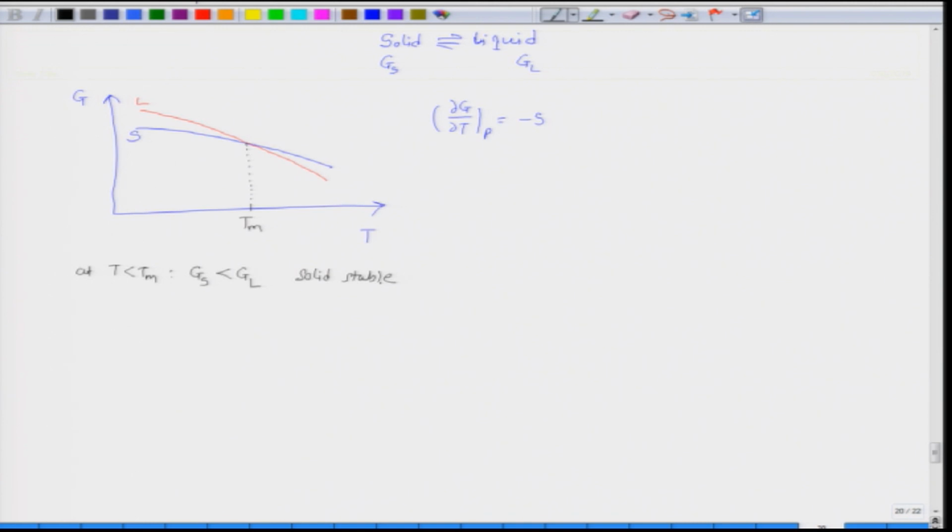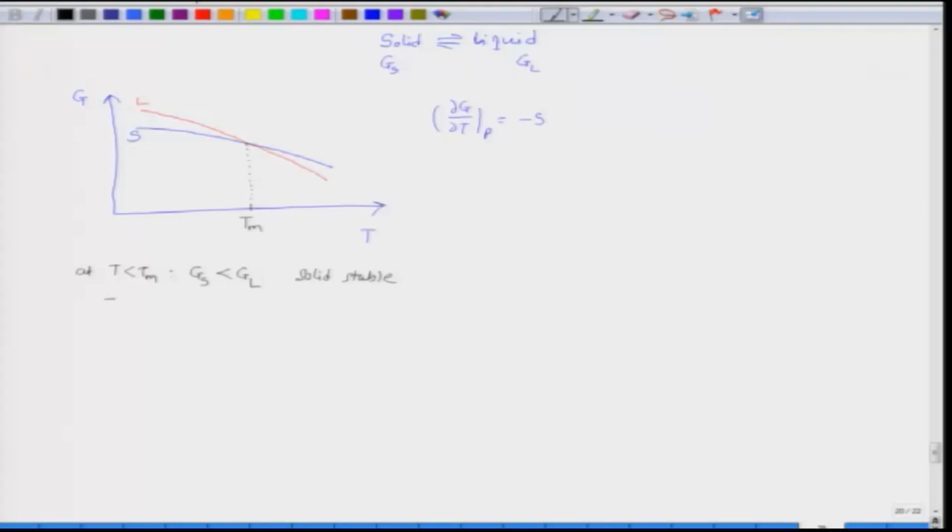Is there any difference between equilibrium melting point and melting point? Equilibrium means both solid and liquid are in equilibrium at that temperature. So, I will talk about it now. See, at T equal to Tm, the Gibbs free energy of solid is equal to the Gibbs free energy of liquid, right. So, at exactly Tm, at this particular pressure that we are considering, the Gibbs free energy of both solid and liquid is the same.